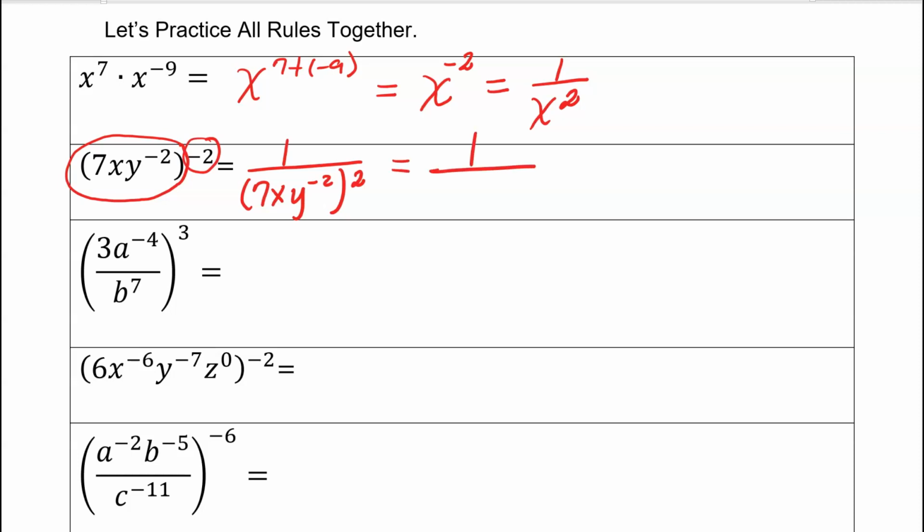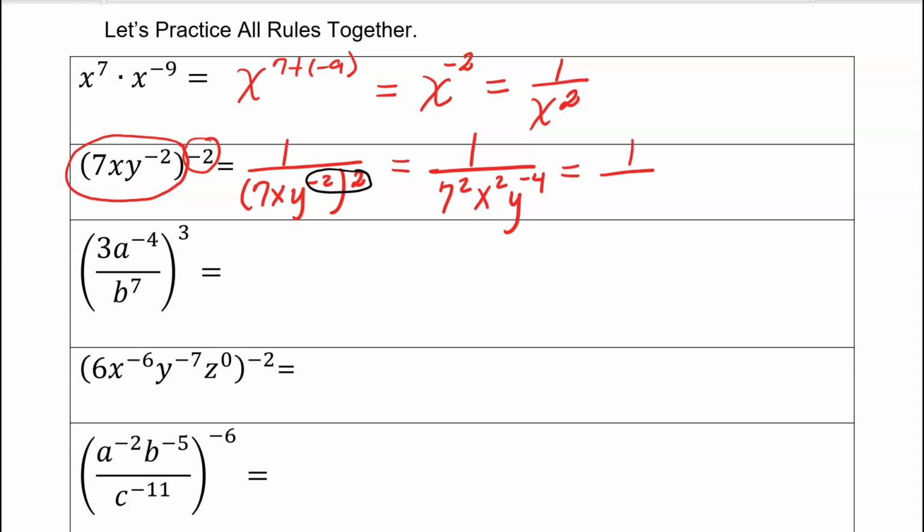Then you can multiply through everything in this parenthesis. Take it to the second power. So we have 7 squared, x squared, and y to the negative 4 because of negative 2 times 2.